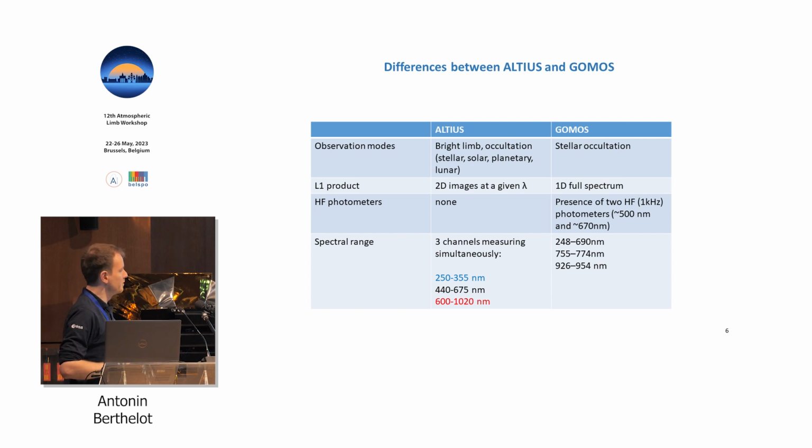This is the reason why they put the high-frequency photometers to help them with scintillation. Our L1 product will be 2-dimensional snapshots at given wavelengths, while GOMOS had a full spectrum, but only over tangent altitude. And the spectral range is quite similar, but ALTIUS will have 3 channels measuring simultaneously.